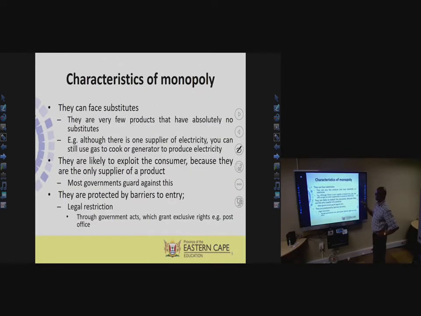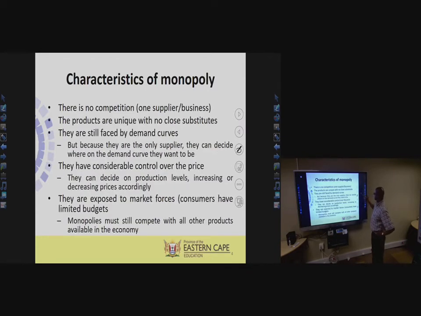If this one is expensive, people will simply go to the substitute, or will simply buy the substitute product. Therefore, the uniqueness of that particular product would not exist, because there is a product similar to that one. Okay, then let me continue.